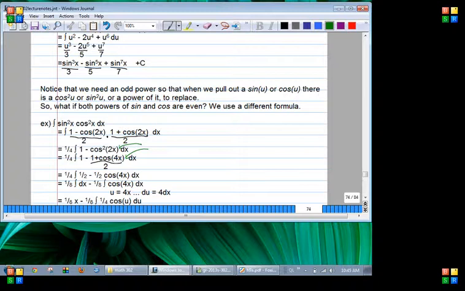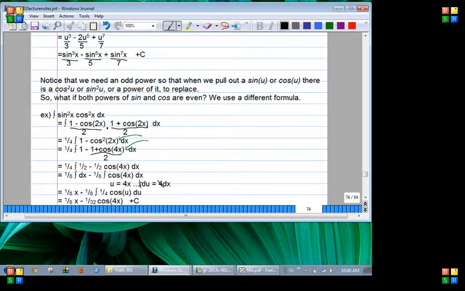So that just gives you, and once you swing the 4 here, that'll give you the integral of 1/4 cos u du, with that 1/8 still in front. So you just get this. 1/8 x minus 1/32 cosine of 4x plus c.